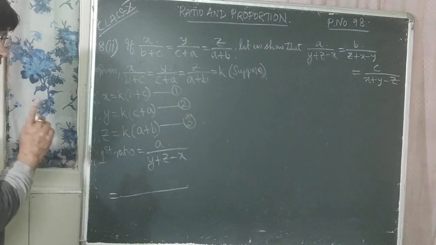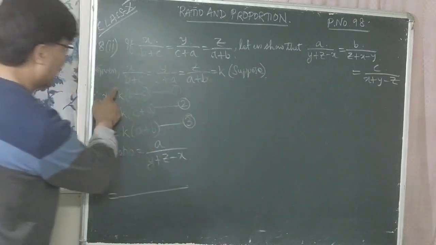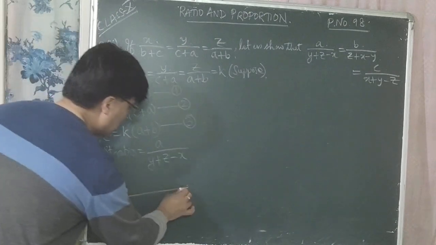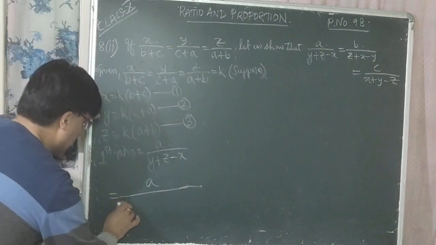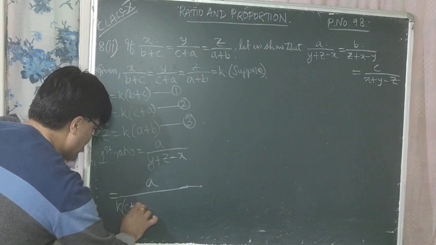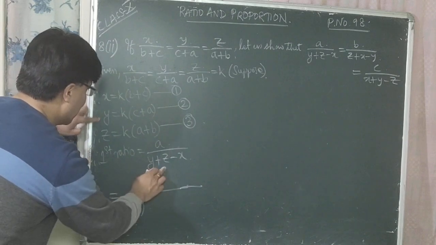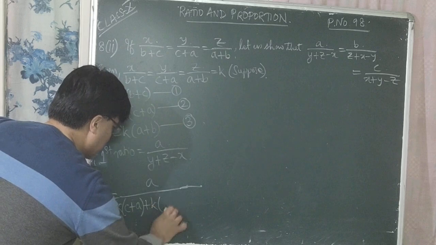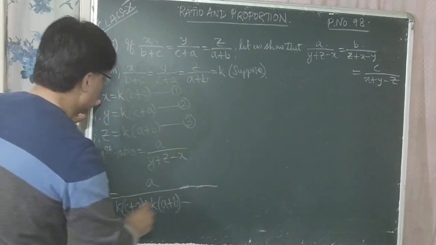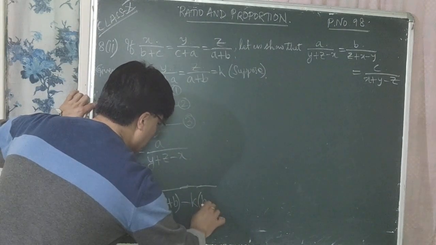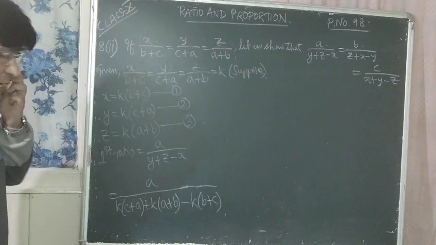Now let us keep this a as it is because we don't have the value for a out here, right? So write down a. What is y? Let us put the value for y. It is k into c plus a. What is z? Plus k into a plus b minus, what is x here? It is k into b plus c, right?